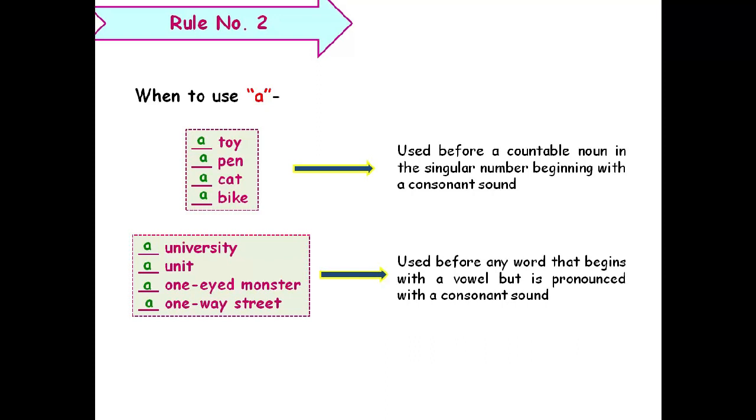Unit is also ya. One-eyed monster and one-way street, the first pronunciation is wuh for one. So because these are the consonant sounds, that is why you will use the article a and you will not use an. I hope this is clear. These are two instances where you will use a. Now when to use an?